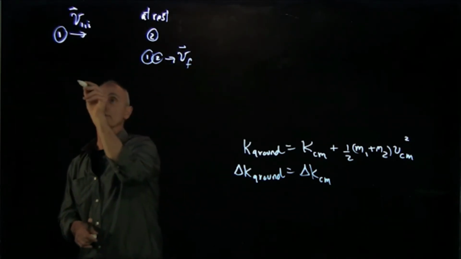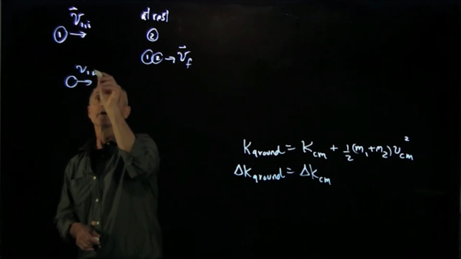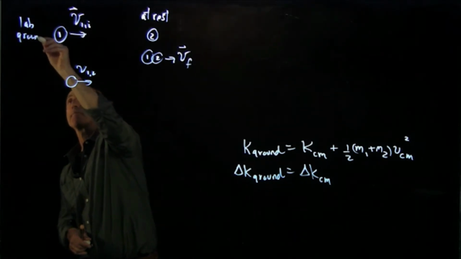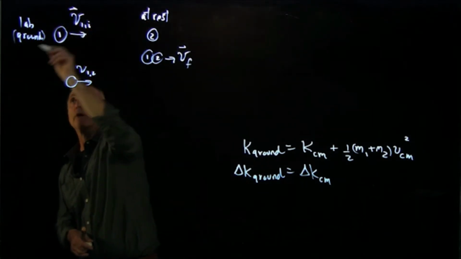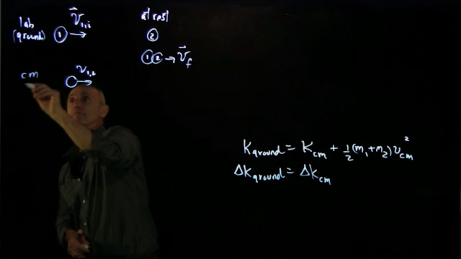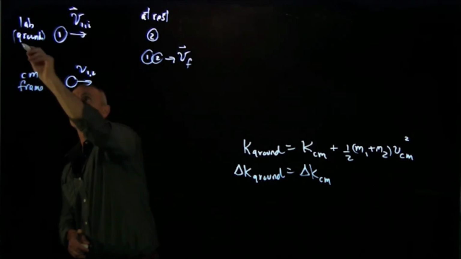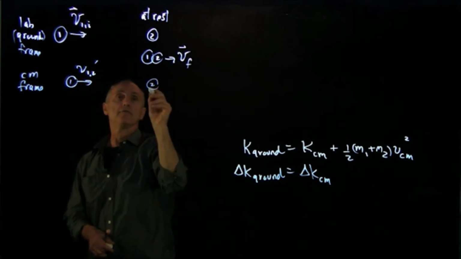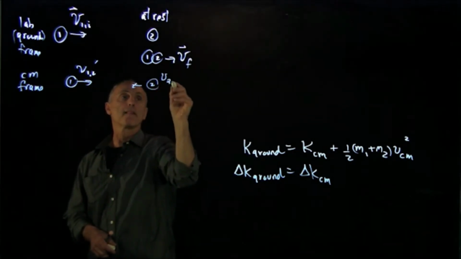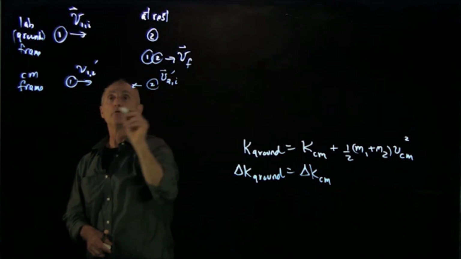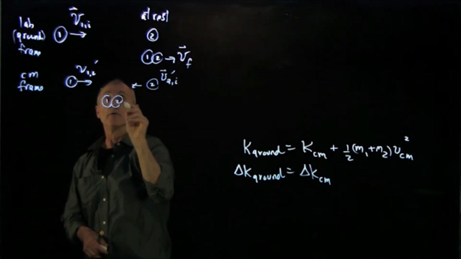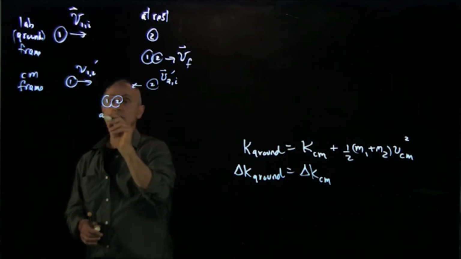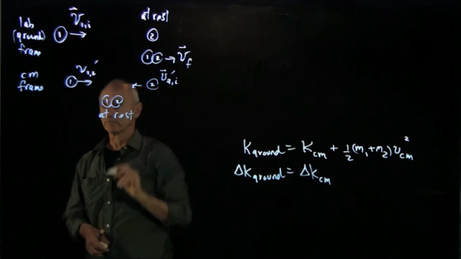Now, here's our lab or ground frame. I can call it the lab frame because that one's at rest. And this is the CM frame. And there we have v1 prime and v2 prime. They're both moving. And now, in the center of mass frame, they're at rest at the end of the collision.